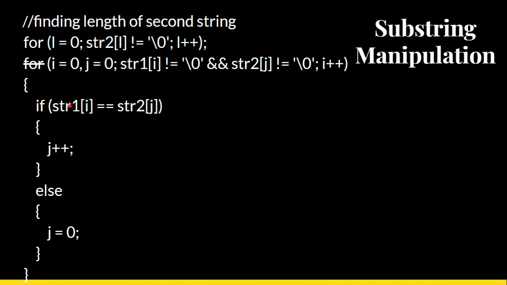So if string 1 of I equal to string 2 of j, meaning if a match is found between the first string and the second string, then you have to use the counter to say that j is equal to j plus 1. J is equal to j plus 1 means this loop goes on and on. That means we are checking the second string one by one.